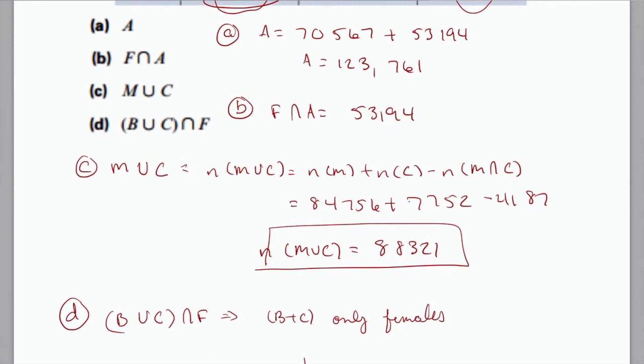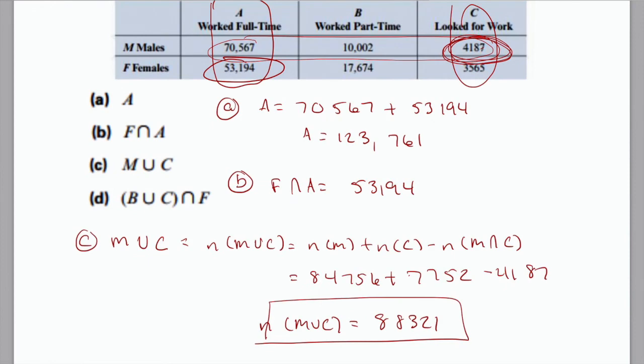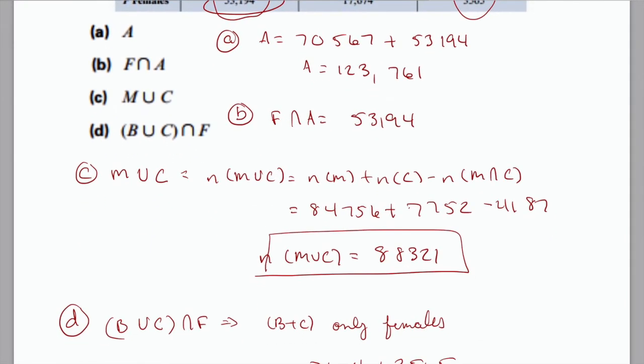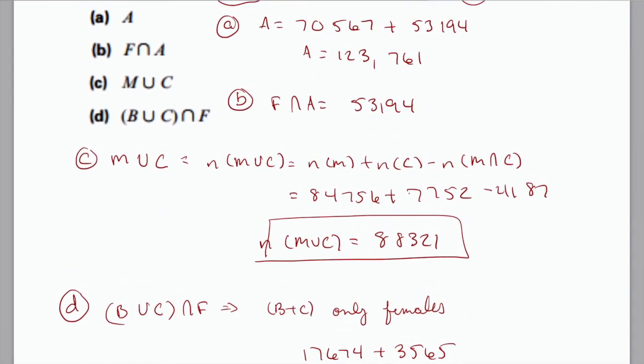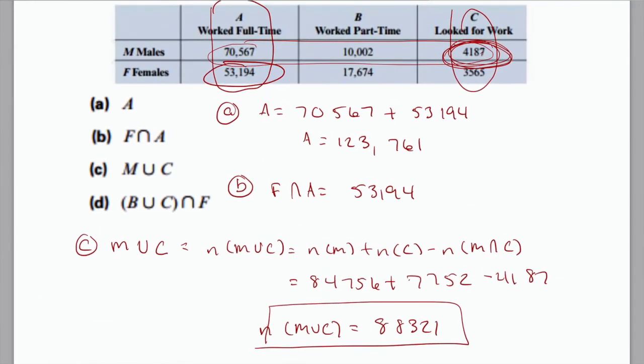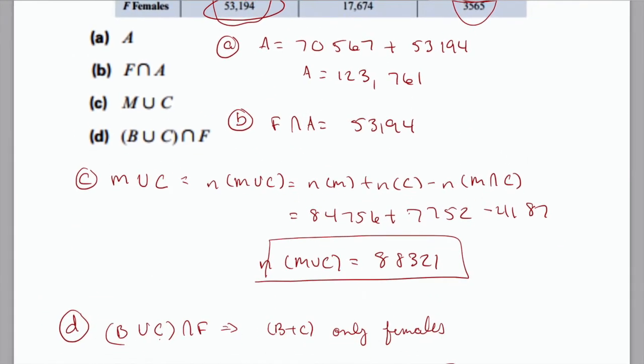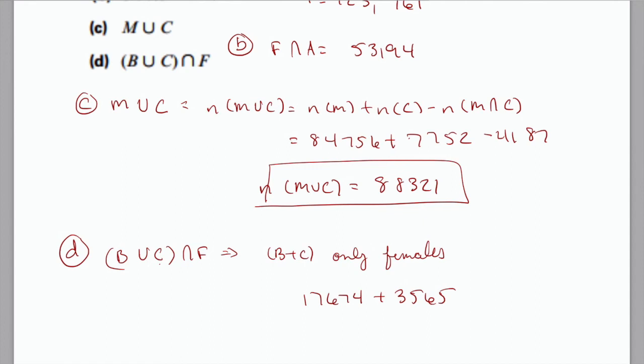So that's going to give me 17,674 plus 3,565. Now, where did I get that 3,565? Well, from C. Okay? Equals 21,239.